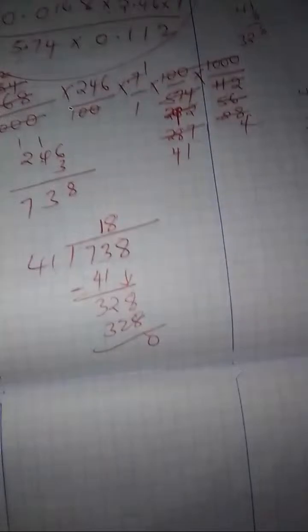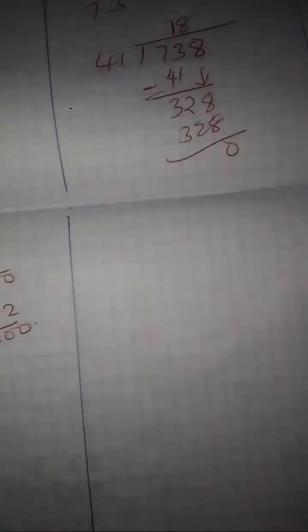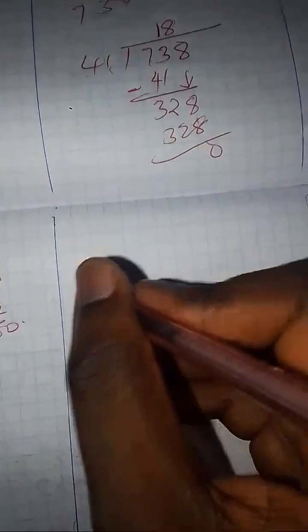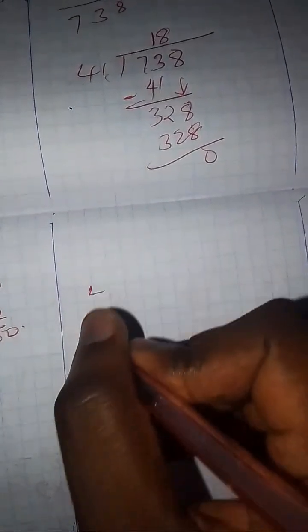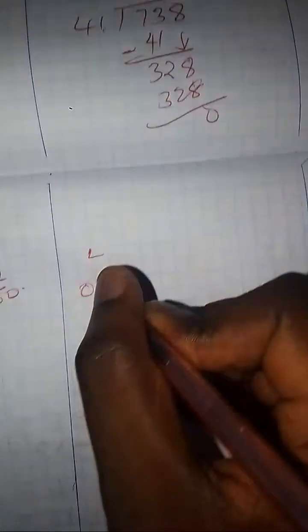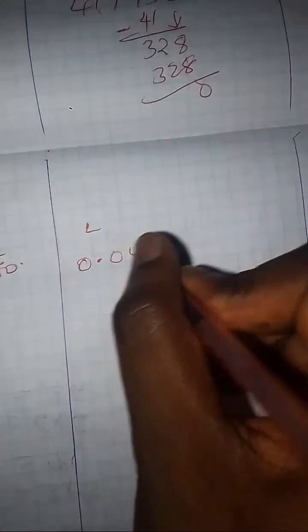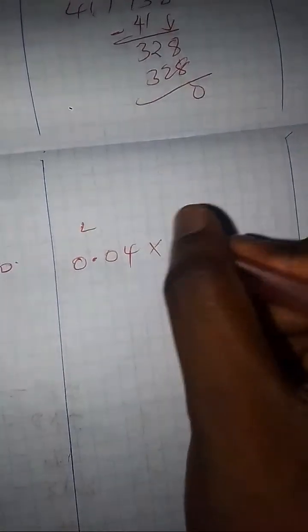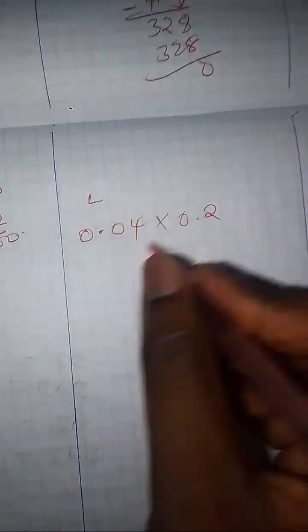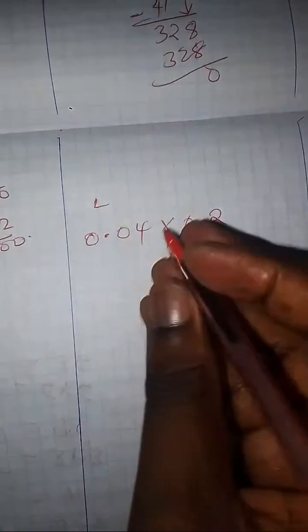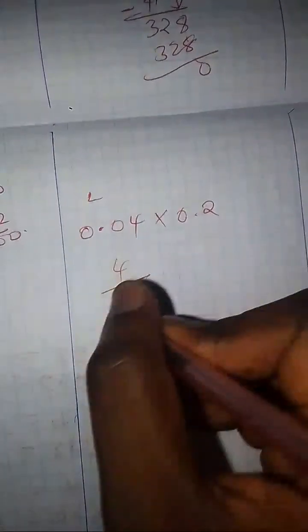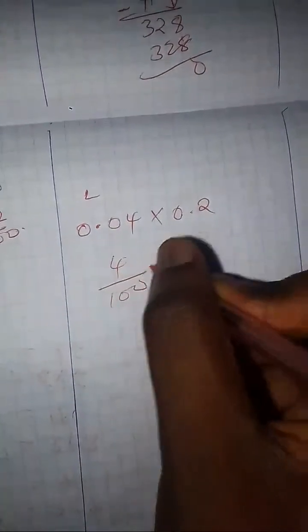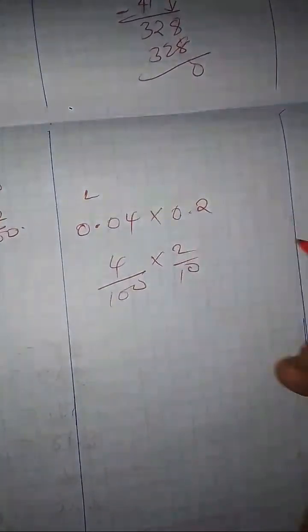One thing you need to know is that you can be given a number like 0.04. Then you're told to multiply this number by 0.2. This is simply changed into a fraction, that is 4 over 100 multiplied by 2 over 10.